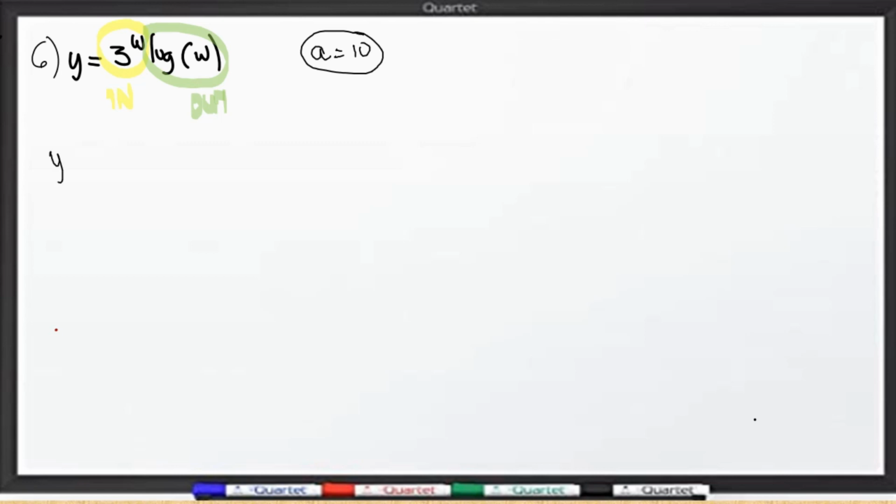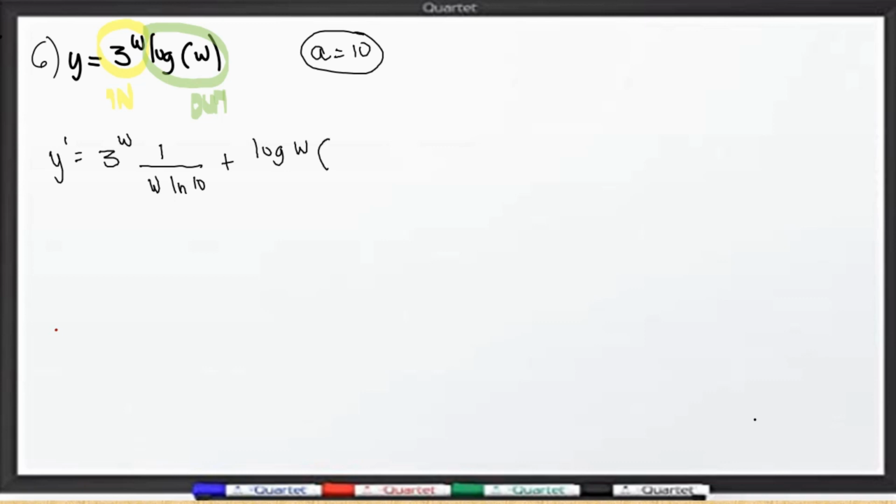Let us try. Y prime is equal to the inside 3 to the w times the derivative of the outside. The derivative of the outside is 1 over w ln of 10 plus the outside logarithm of w times the derivative of the inside.